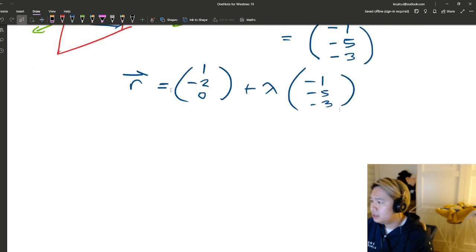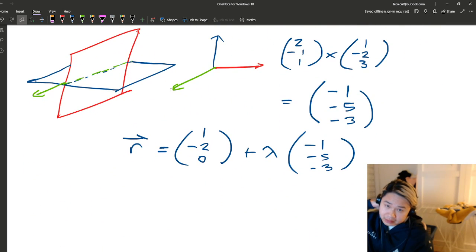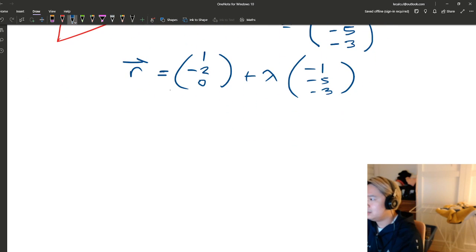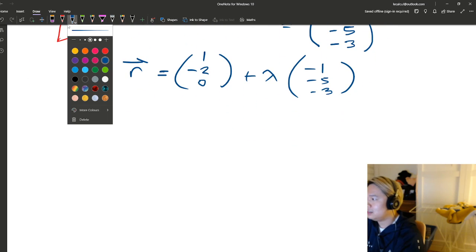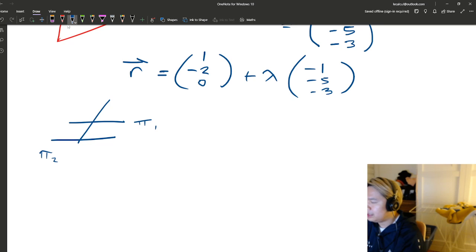Okay, so if you think about it, remember that the three planes do not intersect all at once. So there's not really that many situations where two planes can intersect and then the third one doesn't intersect with them at the same place. You could have something like this, I guess. Here, so here's plane 1, here's plane 2, and then here's plane 3.